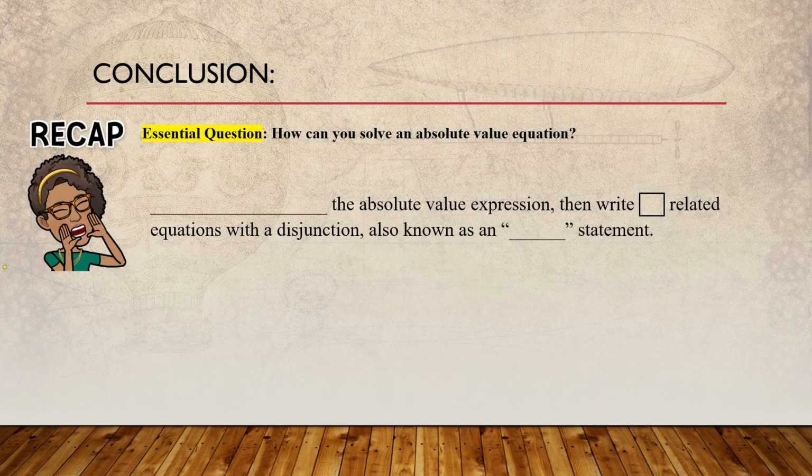All right, guys, that concludes the examples for today's lesson. Let's see if we can answer this essential question. Remember, the question was, how can you solve an absolute value equation? Well, the first thing that we have to do is isolate the absolute value expression. Once we isolate the absolute value expression, then we have to write 2 related equations with a disjunction, also known as an OR statement.